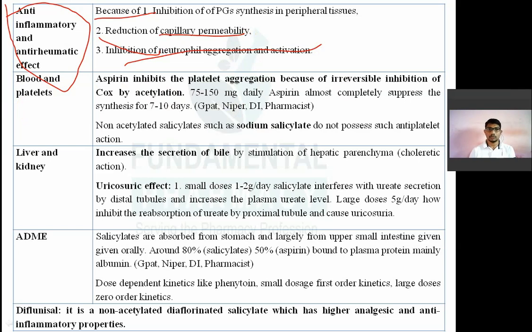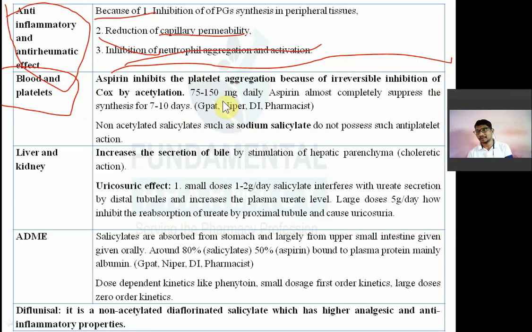Now, what is the action of salicylate on blood and platelets? Remember this point. Aspirin inhibits platelet aggregation irreversibly because it is an irreversible inhibitor of cyclooxygenase, and this cyclooxygenase is also present in the platelet. In the platelet, it synthesizes prostaglandin, and prostaglandins are involved in the aggregation of platelets.